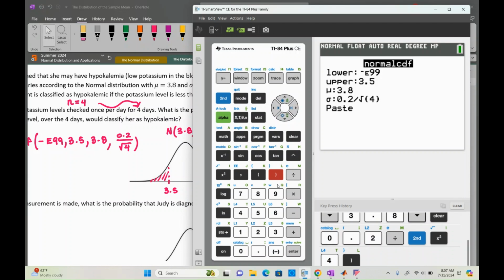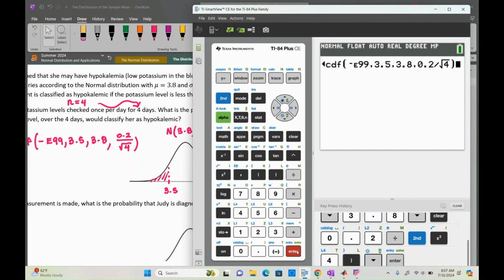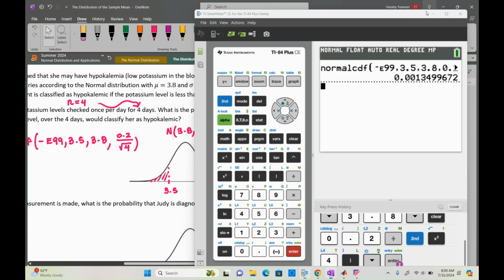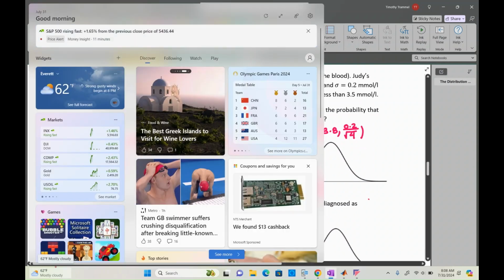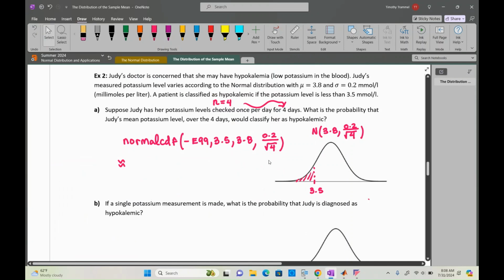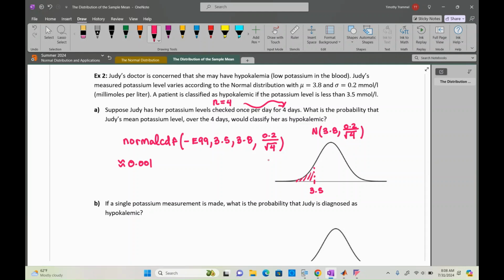So you'll want to type it in like this, that way you don't lose any accuracy by trying to find the decimal approximation. All right, and I'm getting about 0.001. So if we take 4 measurements, it's very unlikely that we will accidentally classify Judy as hypokalemic.